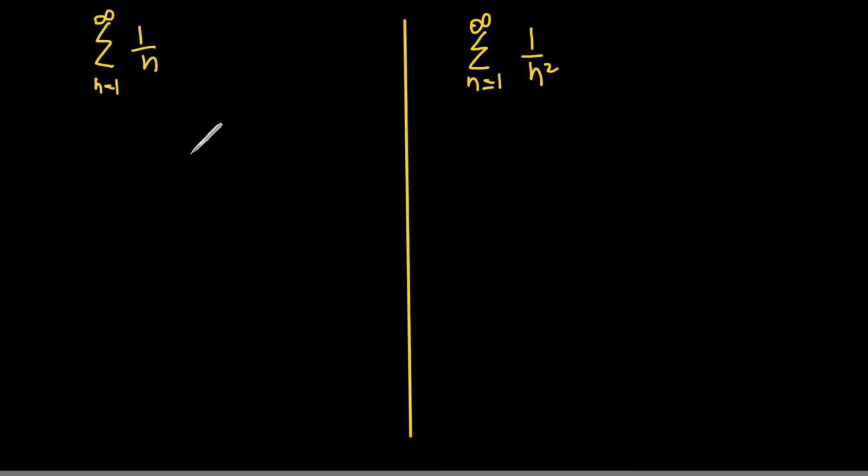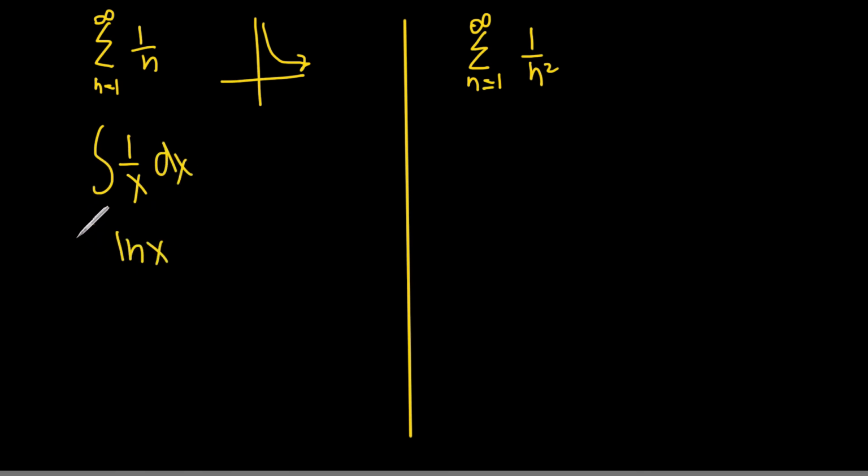On the left we have 1 over n, and the integral test does indeed apply to this because it is decreasing, it looks like this, it is continuous for all x greater than or equal to 1, and it is positive. So we integrate 1 over x dx, and we get natural log of x from 1 to infinity. We plug infinity in, we get natural log of infinity minus the natural log of 1.